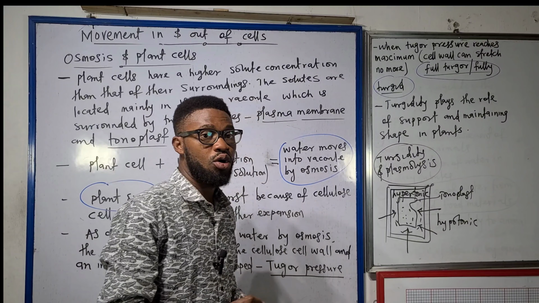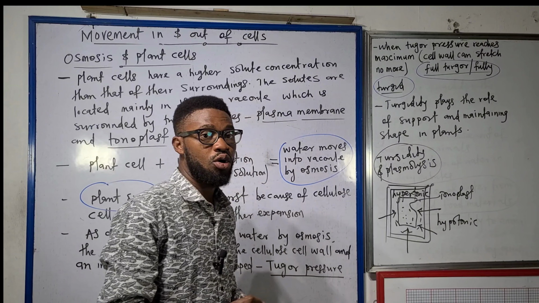So usually we say the inside of the plant cell is hypertonic, while the outside, let's say the soil in which it grows, is hypotonic.